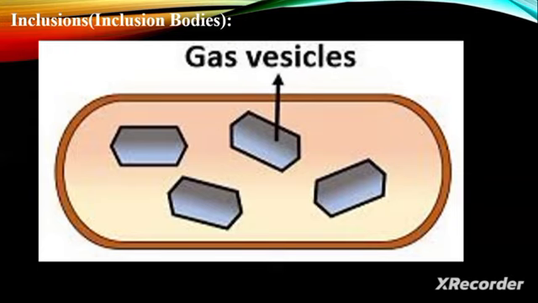Since bacteria can't always predict their next meal, they use inclusions to store reserve nutrients like glycogen, lipids, or phosphates for later use.